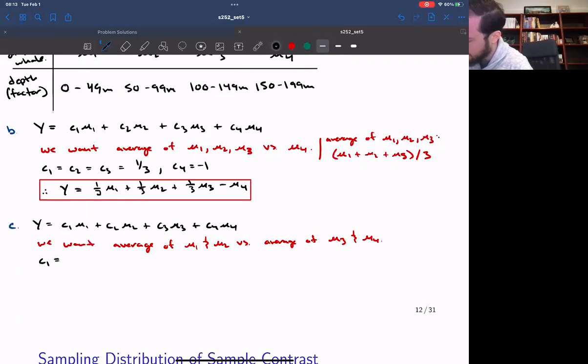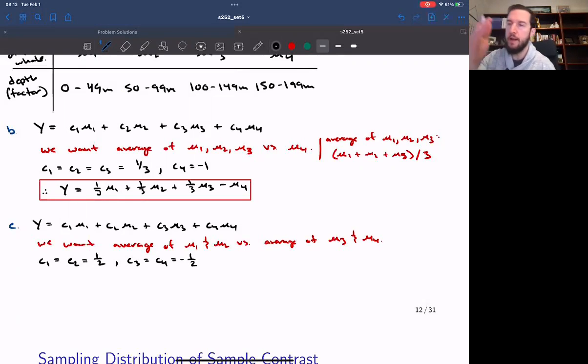Okay. So that means for this test, we can let C1 and C2 be a half, and we can let C3 and C4 both be negative halves. Right, so now we have a half plus a half minus a half minus a half, which would be equal to 0.